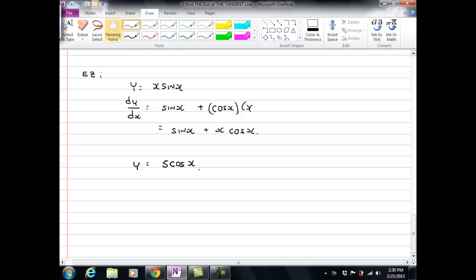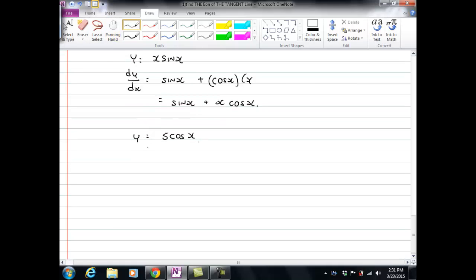If you did this correctly, Ryan, what's the answer? Negative 5 sine x. Negative 5 sine x is correct. See, easy.